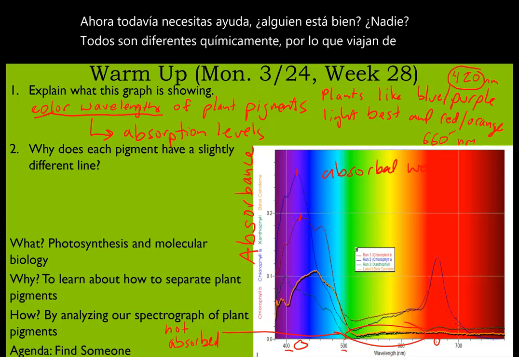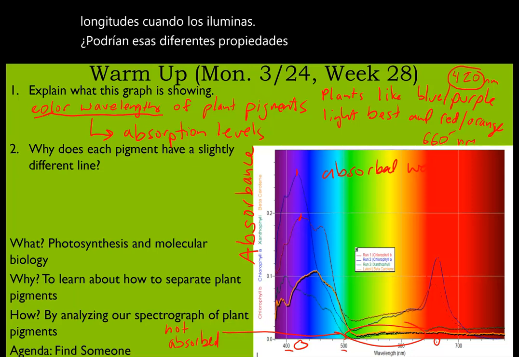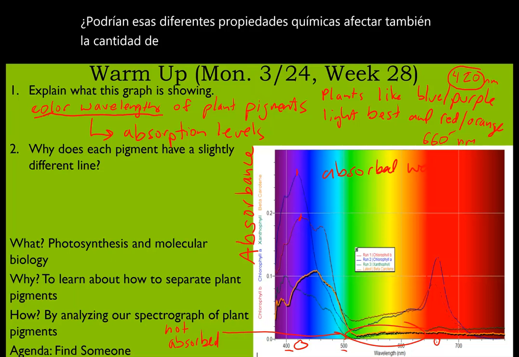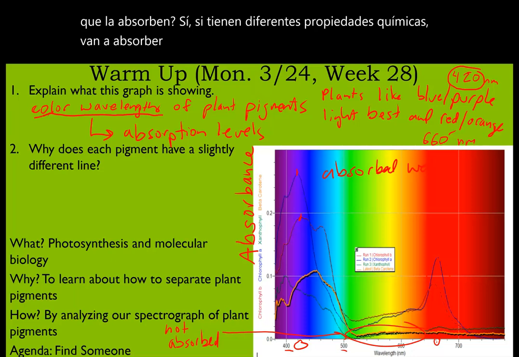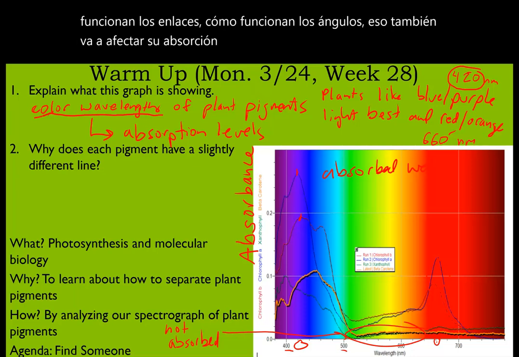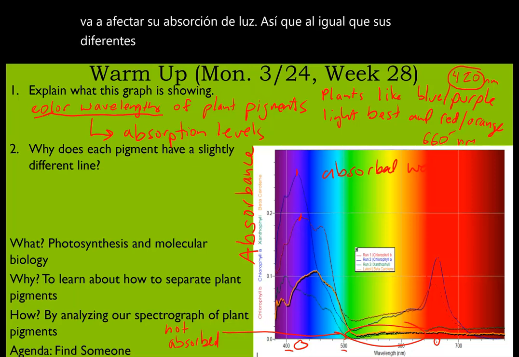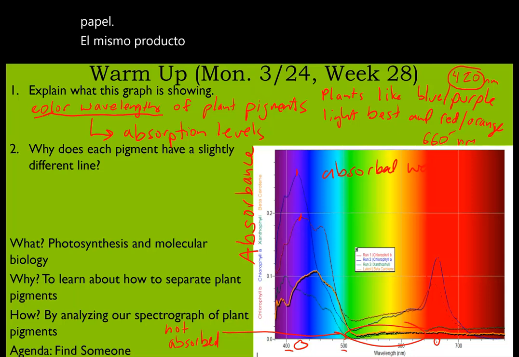When you shine light on them, could those different chemical properties also affect how much they absorb light and what wavelengths they absorb? Yeah. If they have different chemical properties, they're going to absorb light differently. How the bonds work, how the angles work, that's going to affect their light absorption too. So just like their different chemical properties affect how far they travel on the paper, the same different chemical properties affect how well different wavelengths get absorbed.